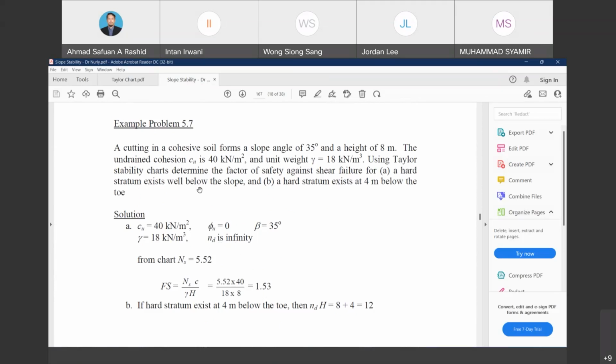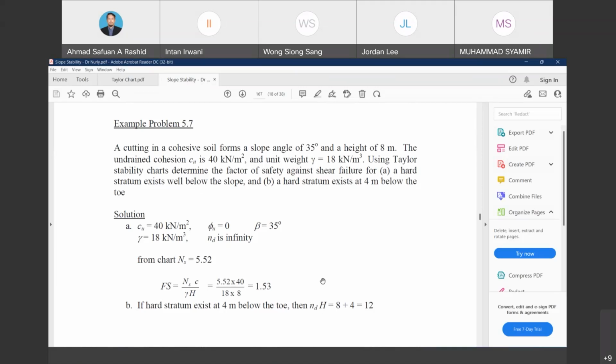So can we assume that it's equal to 0 when they say the hard stratum exists well below the slope, as in there's no value for H? Do you mean NDH is equal to 0? Because if you look at the formula down there, ND equals H over H, and the H is the height until the stratum.